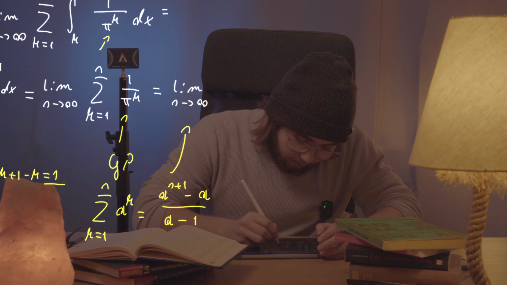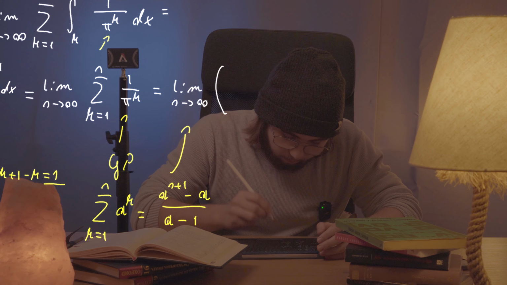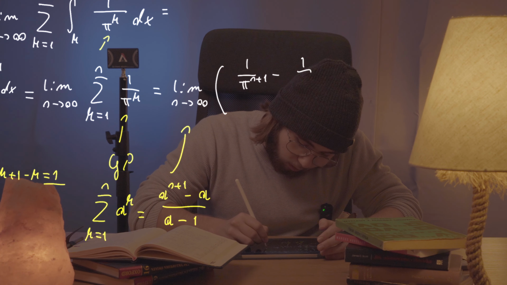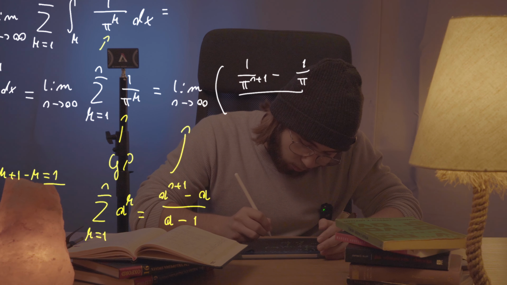That's going to be the limit as n approaches infinity of 1 all over pi to the power of n plus 1 minus 1 over pi, all over 1 over pi minus 1.